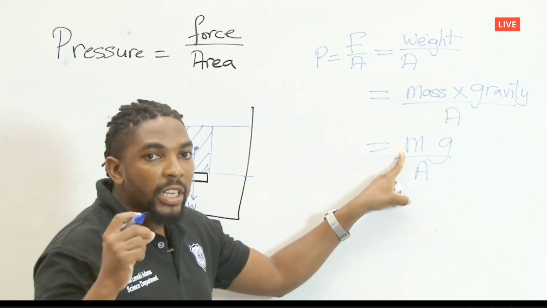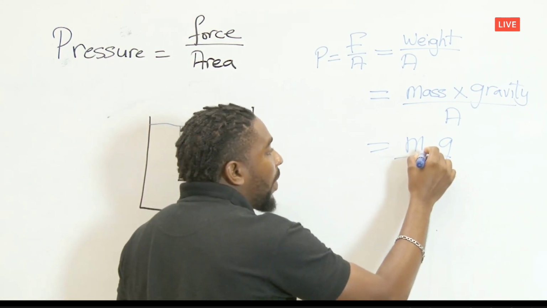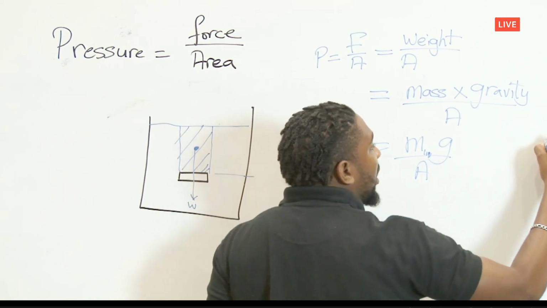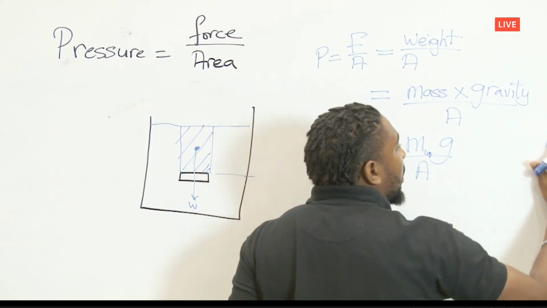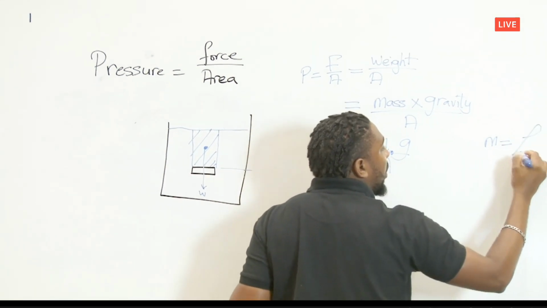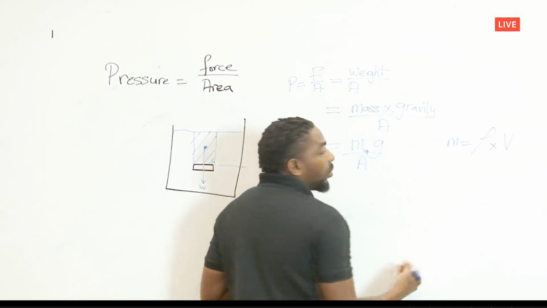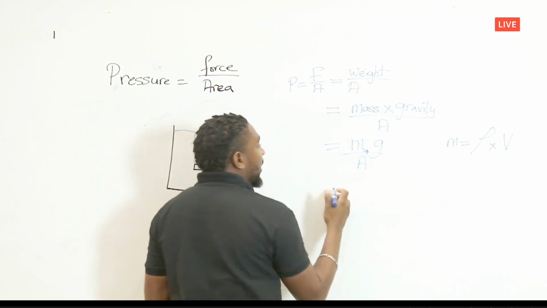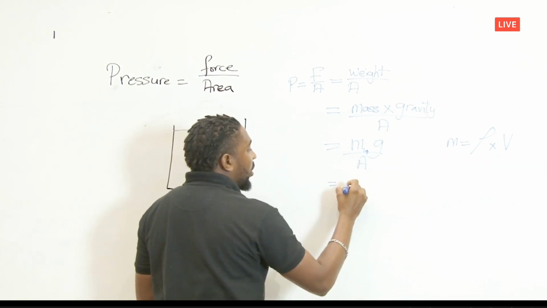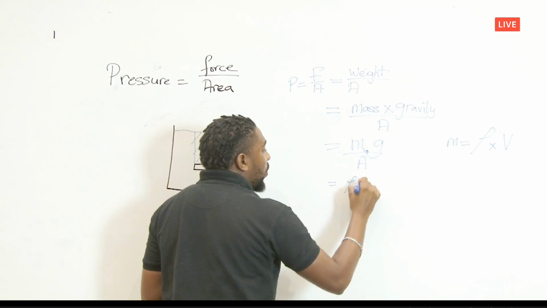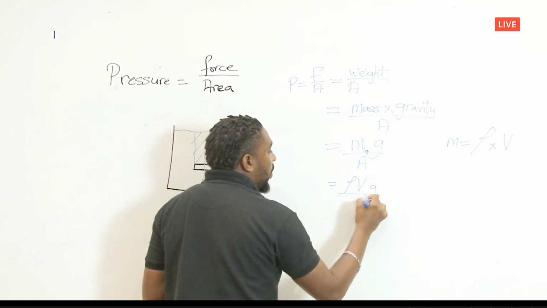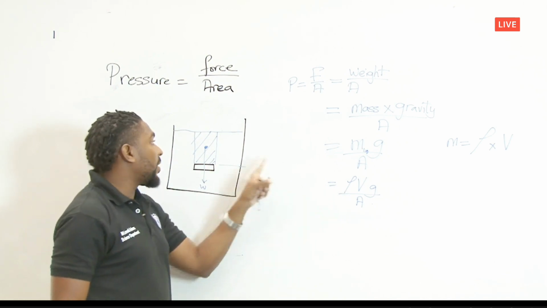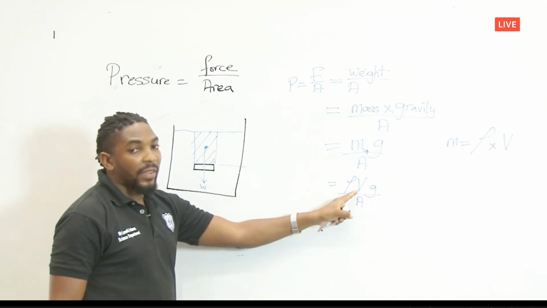So it means this term, mass, there's another formula for finding mass when you're dealing with a liquid. Good? So where mass is actually equal to the density of the liquid multiplied by the volume of that liquid. So when we substitute this part of the equation into this general equation, we get rho V g over A.